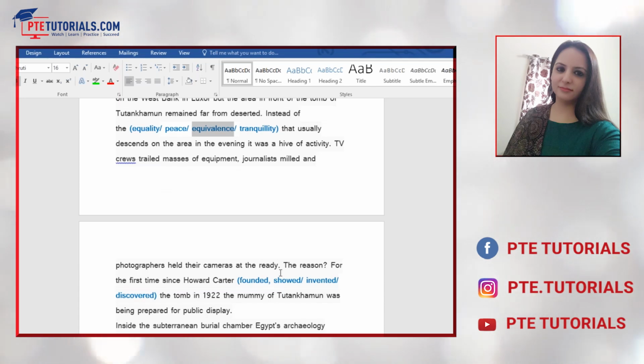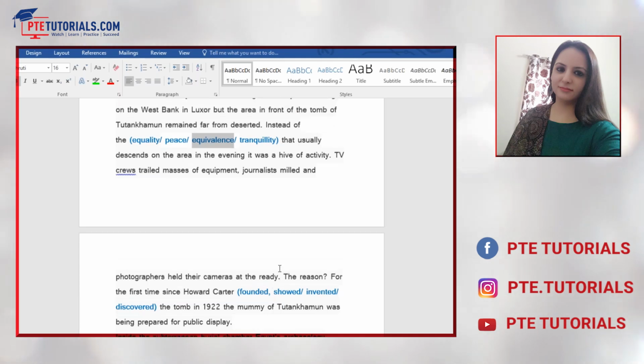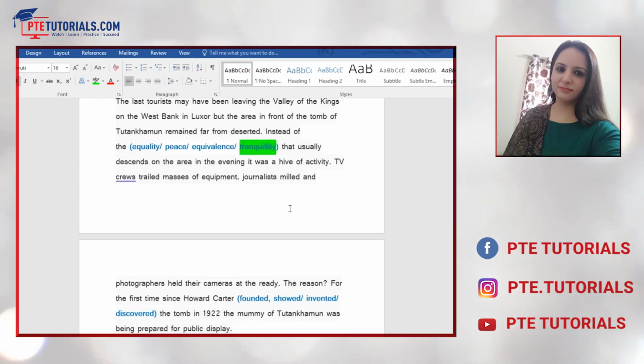Coming to the next. The reason for the first time since Howard Carter dashed the tomb in 1922. When the year is mentioned, the mummy of Tutankhamun was being prepared for public display. The name of the scientist is given. Dash, he found it.